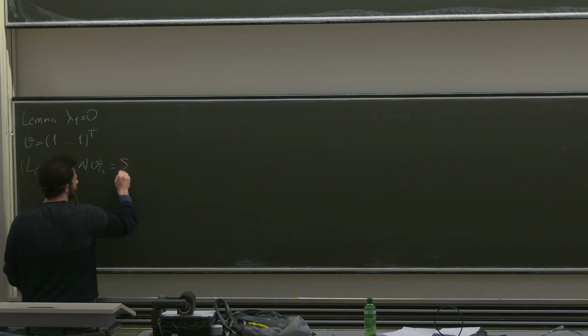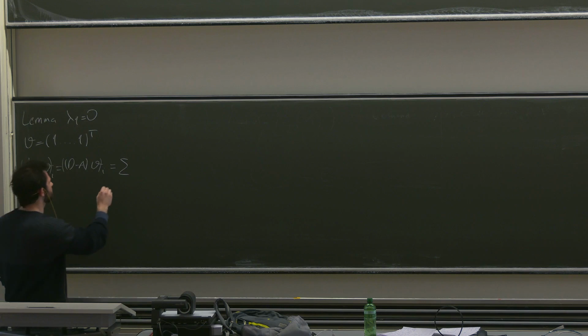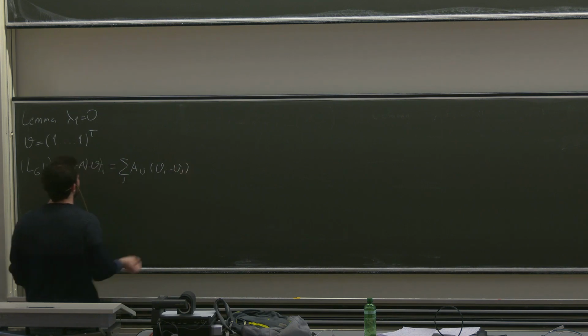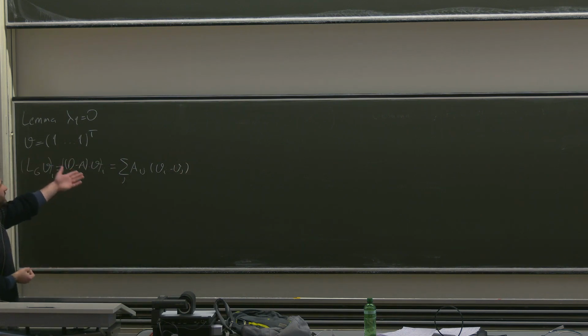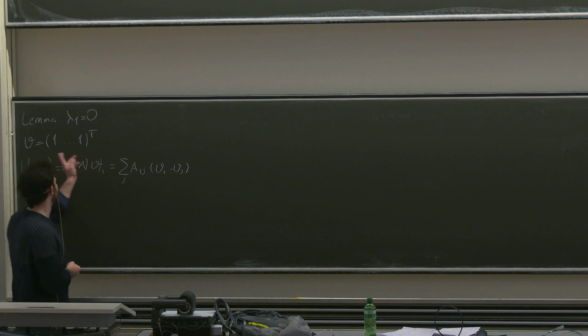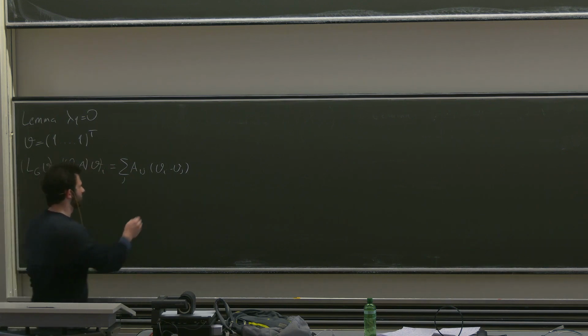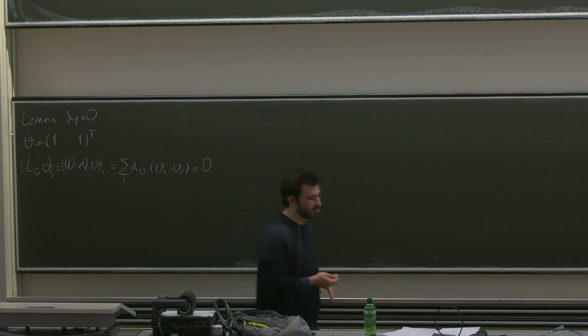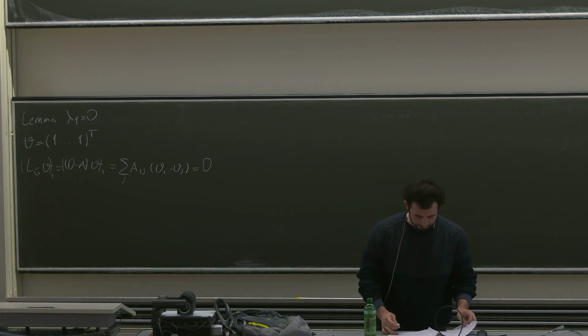We already proved up there that it's the sum over j of a_ij (v_i minus v_j). And v_i minus v_j is 0 because it's a vector of all ones. So we found a non-zero vector that has a 0 eigenvalue. So the smallest eigenvalue of this matrix is always 0.